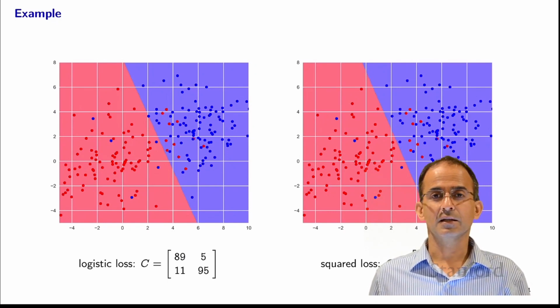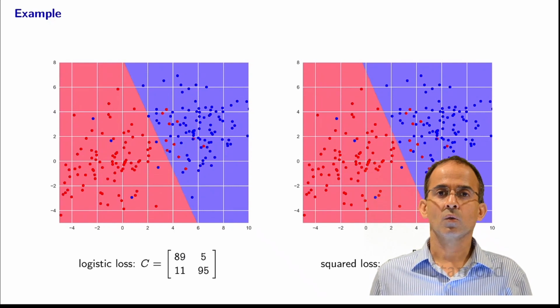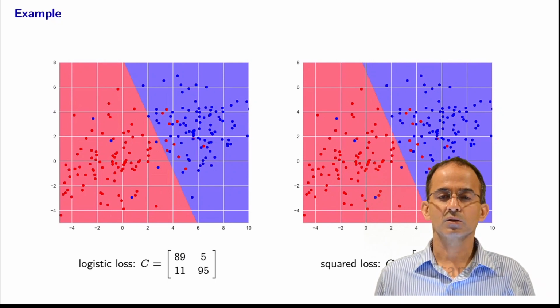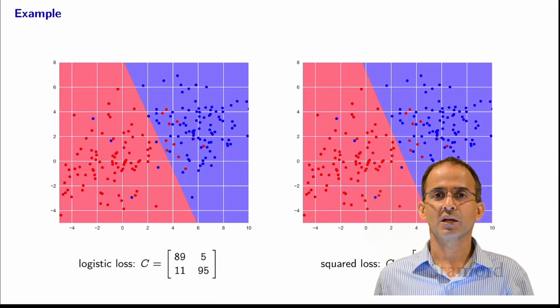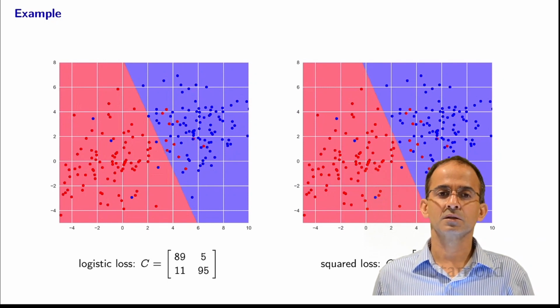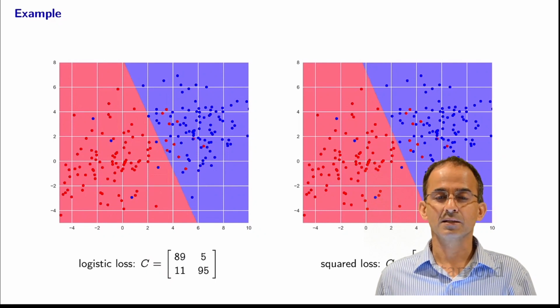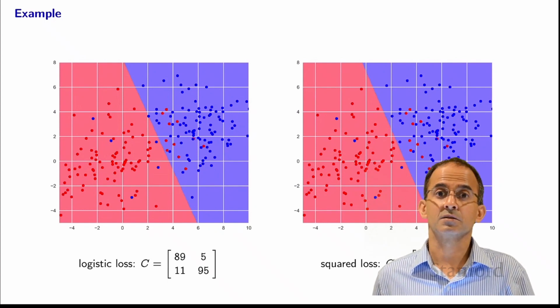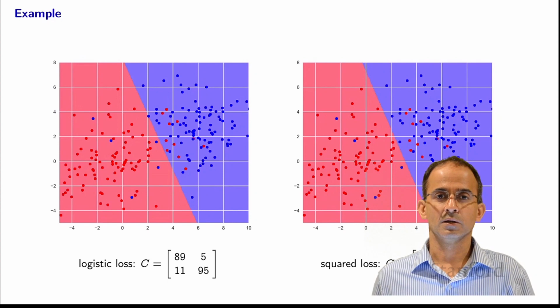In general, one expects quite similar performance between the different losses that one might use for Boolean classification. Sometimes the logistic loss or the hinge loss do better than squared loss. But as usual, the only real way to determine that is through validation.